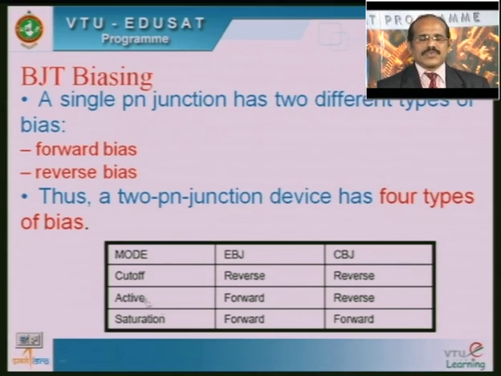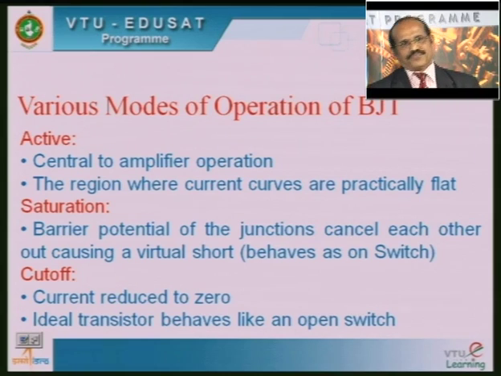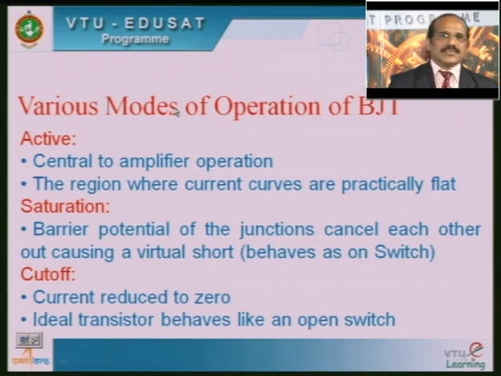Depending upon these modes of operation of the transistor, we can define its applications. Usually the active region is used for amplification purposes, whereas both cutoff and saturation are used whenever the transistor is operated as a switch. In this slide, the active region is said to be central to amplifier operation.